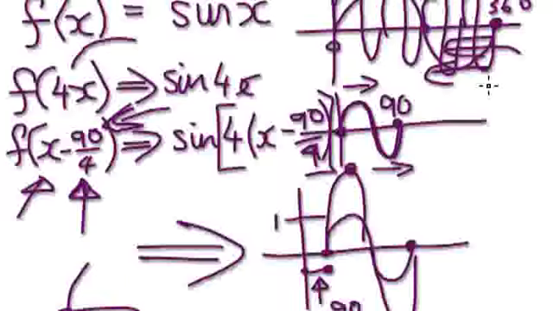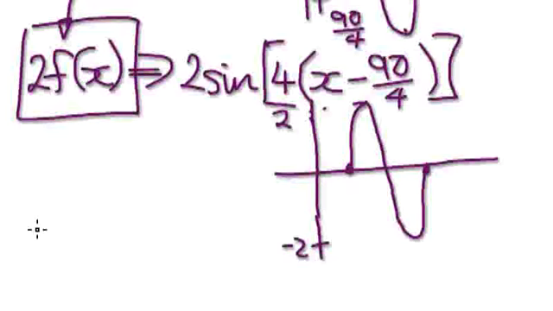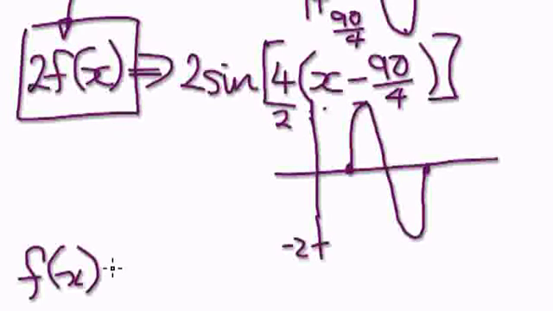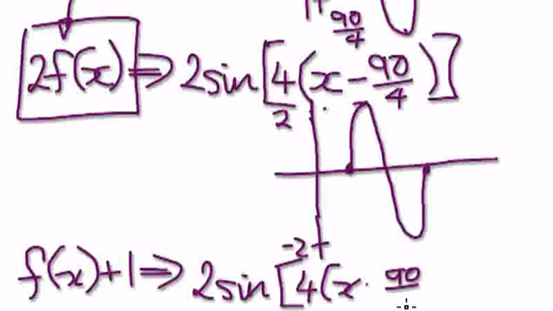Now our next step is to add this 1 here. Our next transformation would be f of x plus 1, giving us 2 sine bracket 4x minus 90 over 4, close it off, and then we're going to add 1.